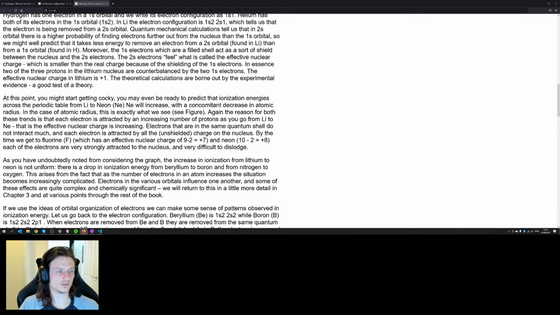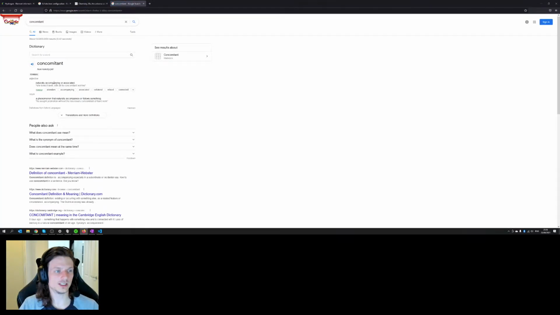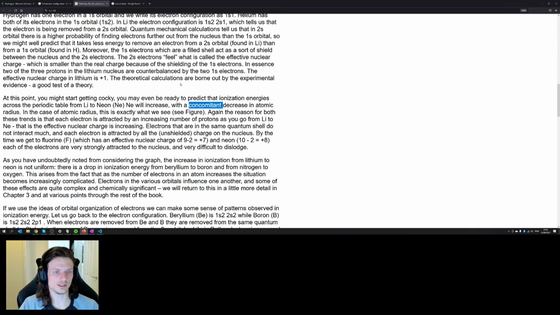At this point, you might start getting cocky. You may even be ready to predict that ionization energies across the periodic table from lithium to neon will increase with a concomitant decrease. What does that mean? Naturally accompanying or associated. A phenomenon that naturally accompanies or follows something. With a following decrease in atomic radius.